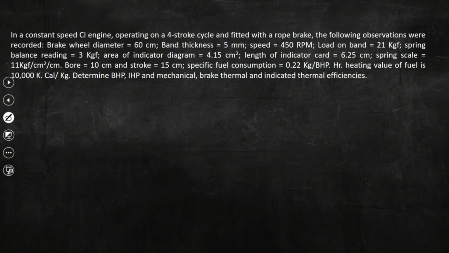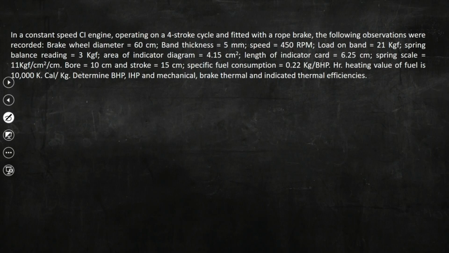spring balance reading is 3 kg force, area of indicator diagram is 4.15 centimeter square, length of the indicator card is 6.25 centimeter, spring scale is 21 kgf per centimeter square per centimeter, bore diameter is 10 centimeter, stroke is 50 centimeter, specific fuel consumption is given 0.22 kg per bhp hour.